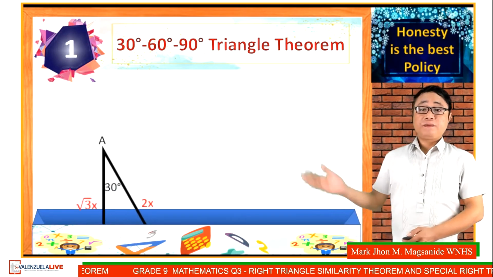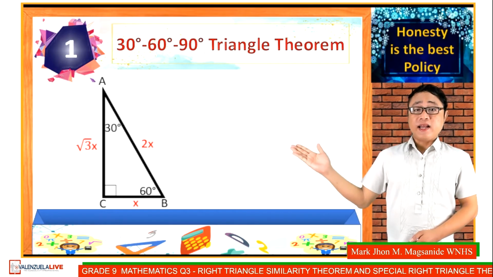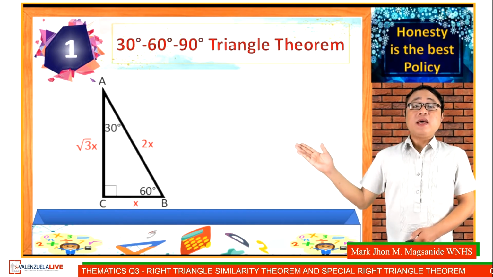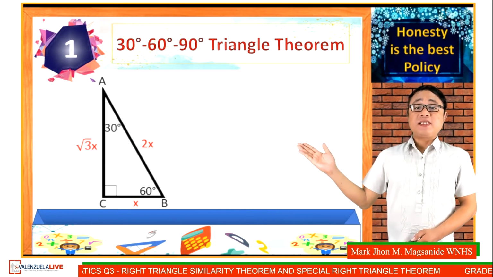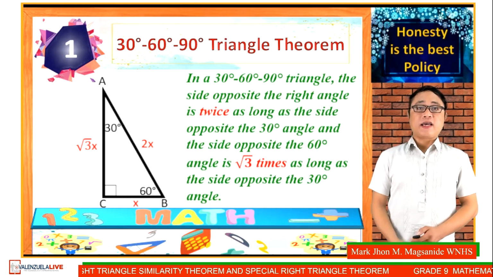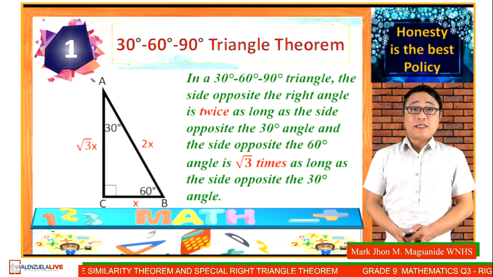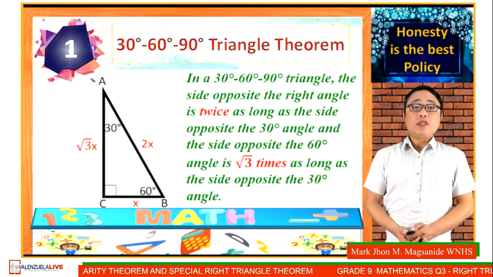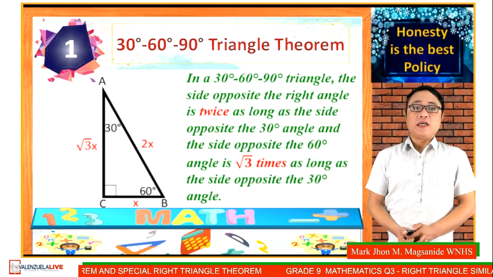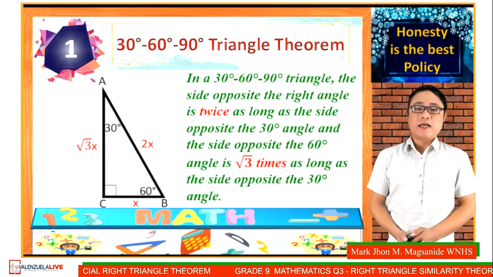In the figure, given right triangle ACB with right angle at angle C, angle A is 30 degrees and angle B is 60 degrees. The theorem states that in a 30, 60, 90 triangle, the side opposite the right angle is twice as long as the side opposite the 30 degrees angle, and the side opposite the 60 degrees angle is square root of 3 times as long as the side opposite the 30 degrees angle.